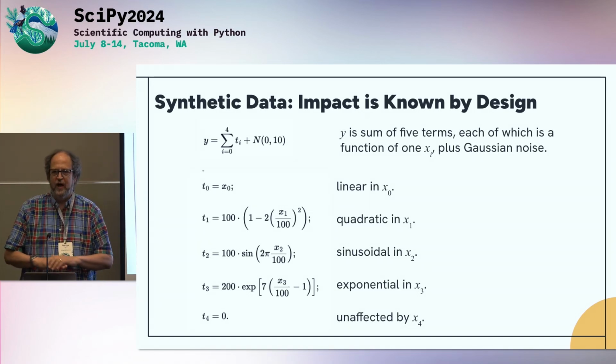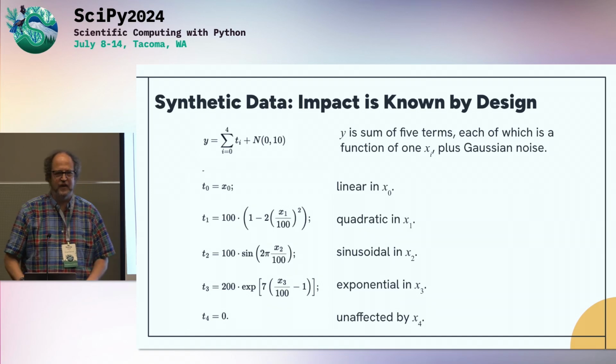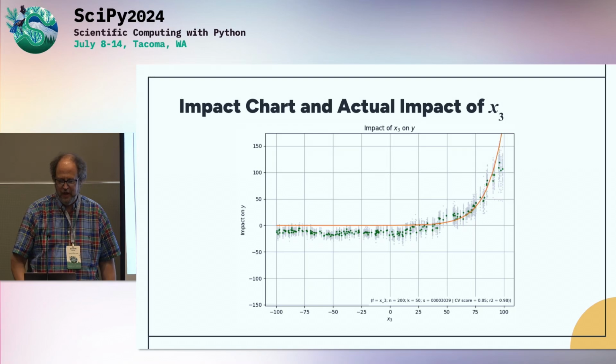I generated a distribution randomly of a bunch of x's, computed what the y is, and then plugged it into my impact chart generating code. And here are some examples of what I got.